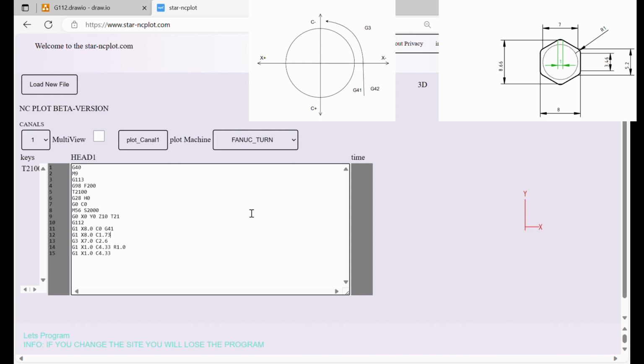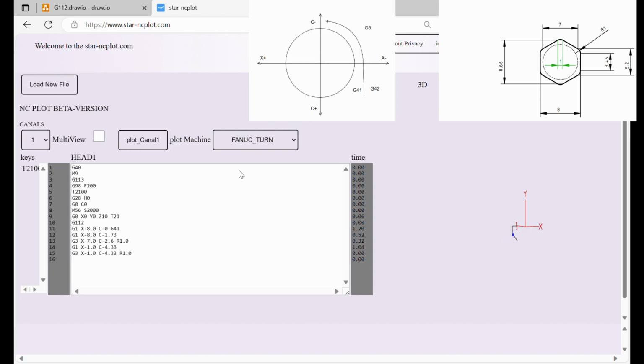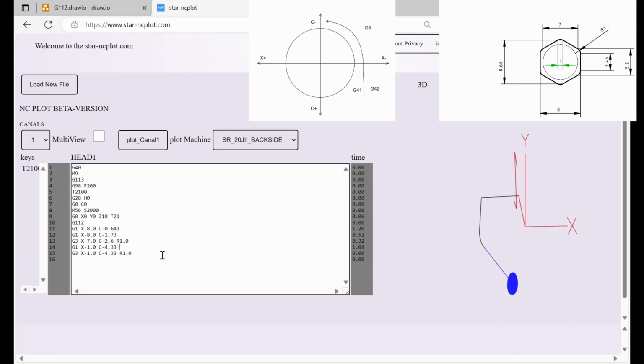I forgot, we start at the minus. This is the radius. So let's plot already. In the machine I now select the backside of the SR20J2. Start the program, the next.